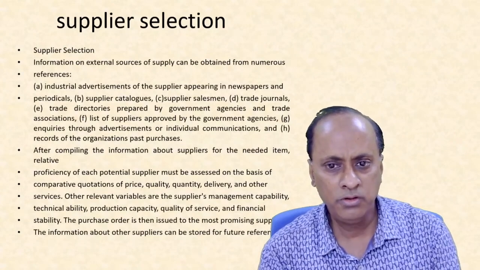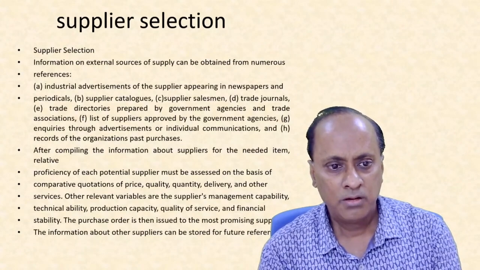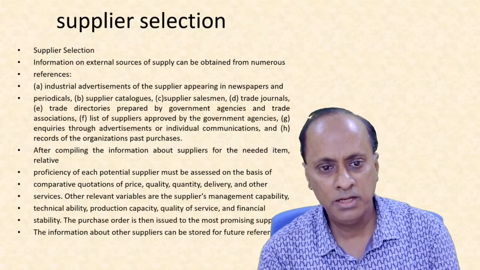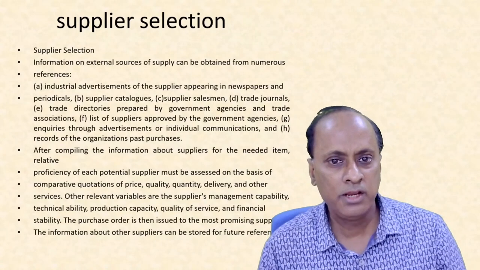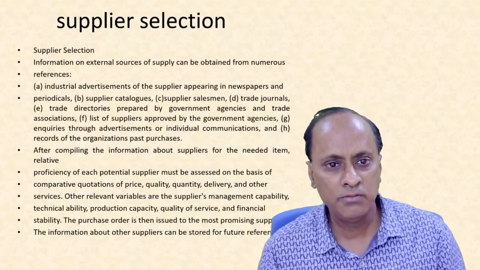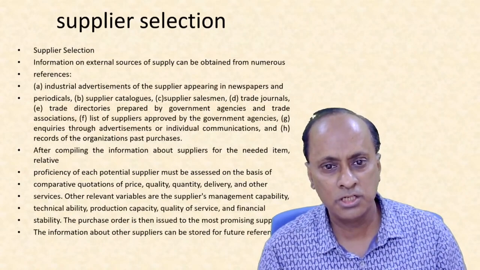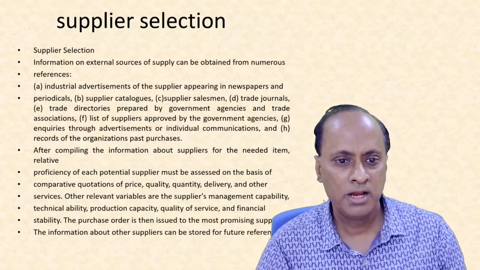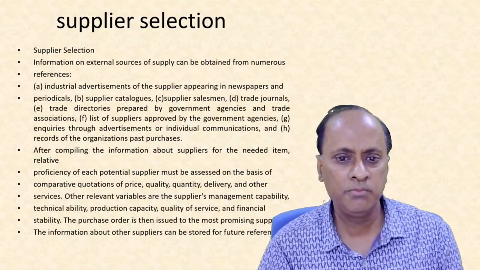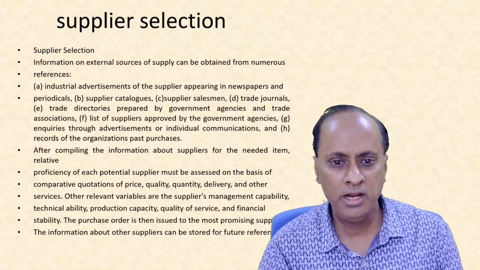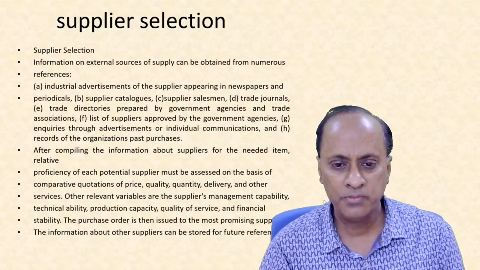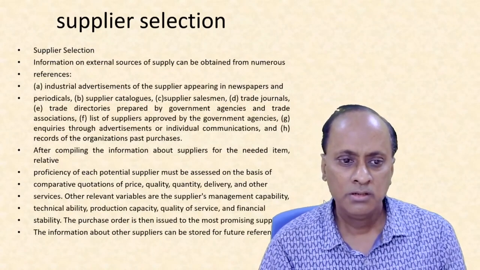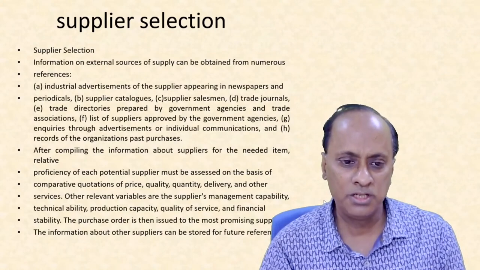So when compiling the information about suppliers for the needed items, we have gathered information about the suppliers from different external sources. After that, we compile the information on the suppliers and we analyze each potential supplier, and we have to see their proficiency.